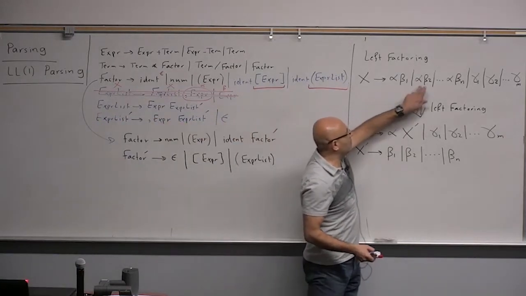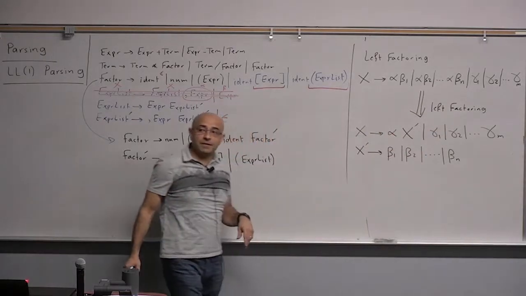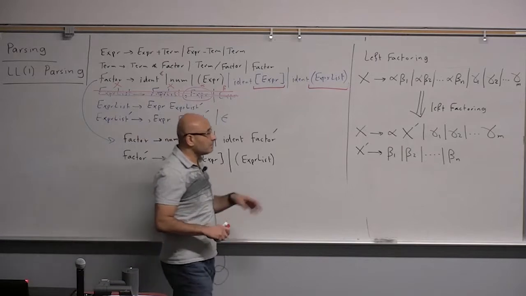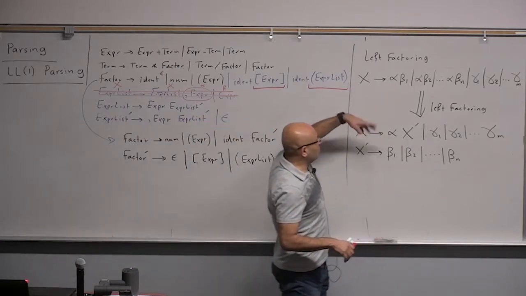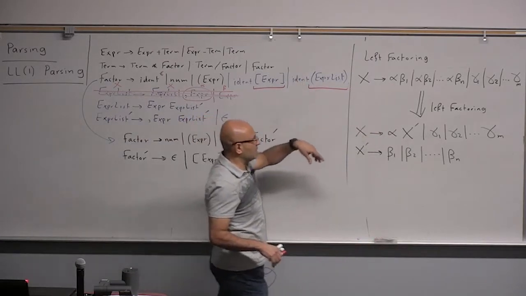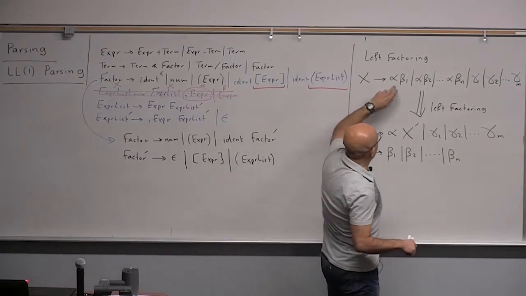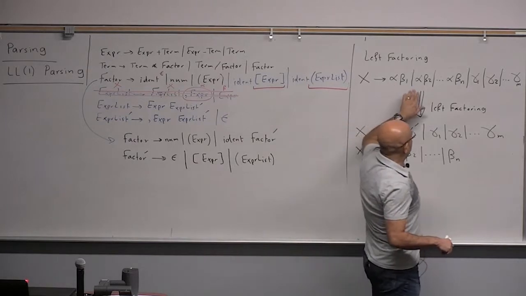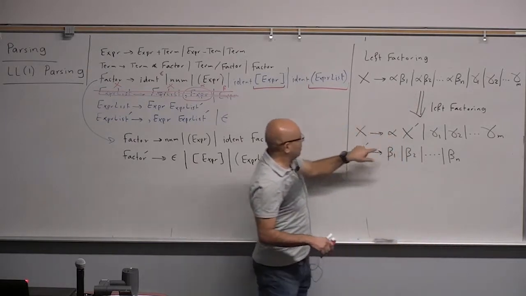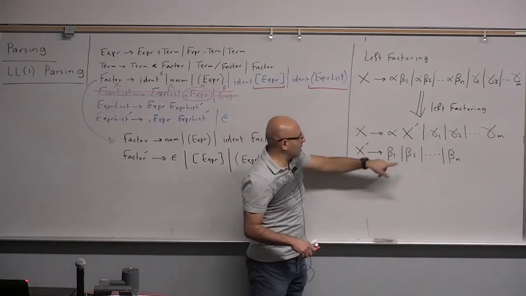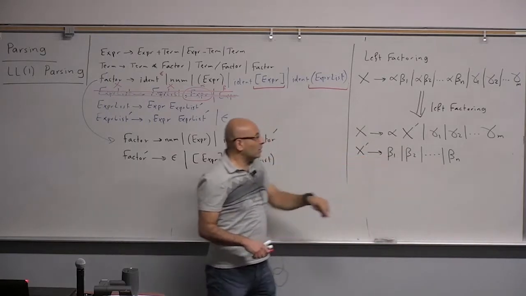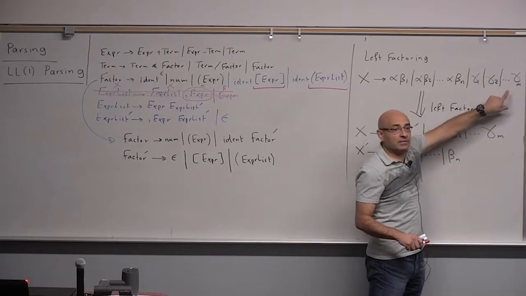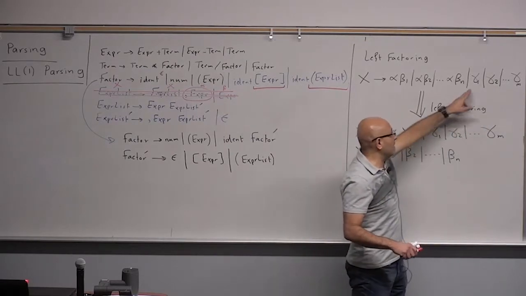Whenever you have a common prefix, and the prefix doesn't have to be a single symbol, you can apply it. You take the common factor followed by x prime, and x prime takes care of these alternatives. Then the rest of the grammar, if you have other alternatives that don't have a common factor, just remain the same.